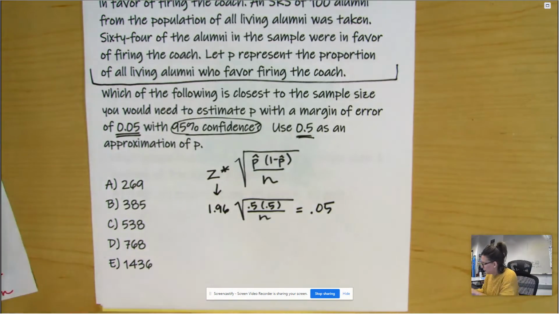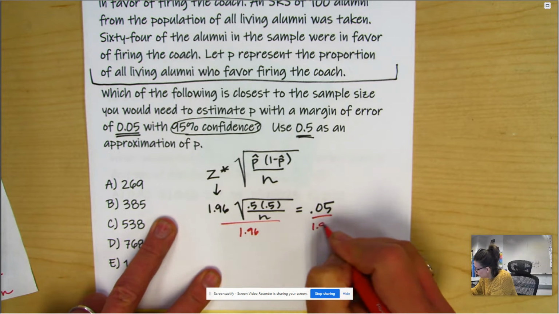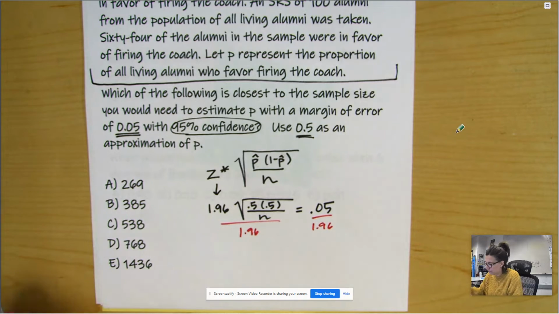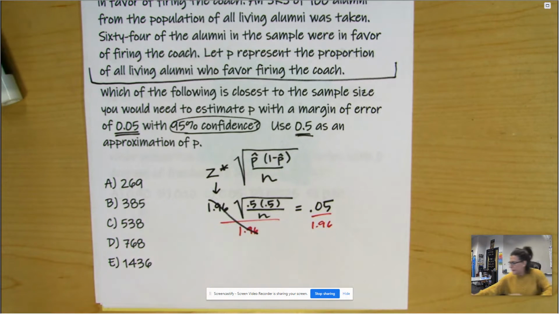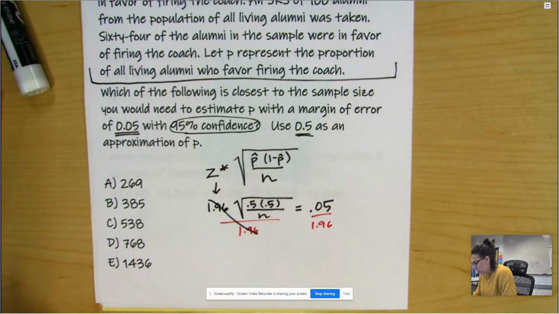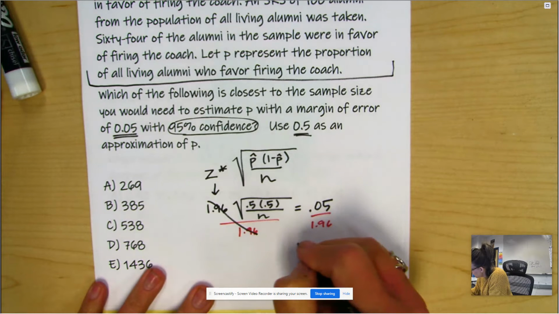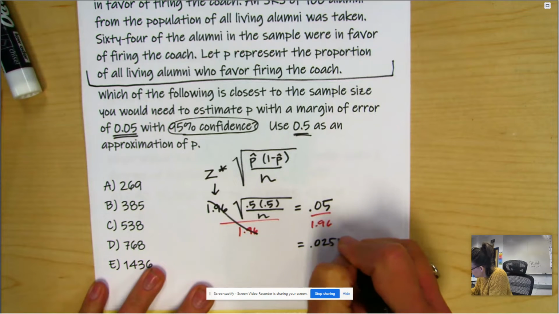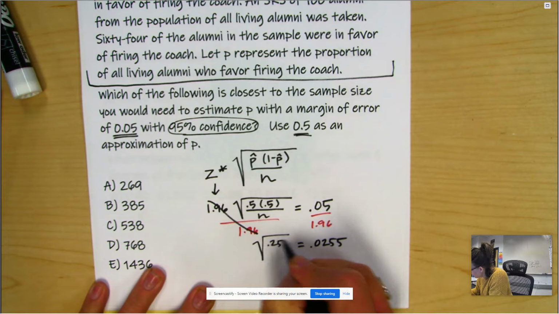So we're going to solve that. Here we go. Divide both sides by 1.96. 0.05 divided by 1.96 is about 0.0255. I'm going to simplify this up here: 0.25 over n.